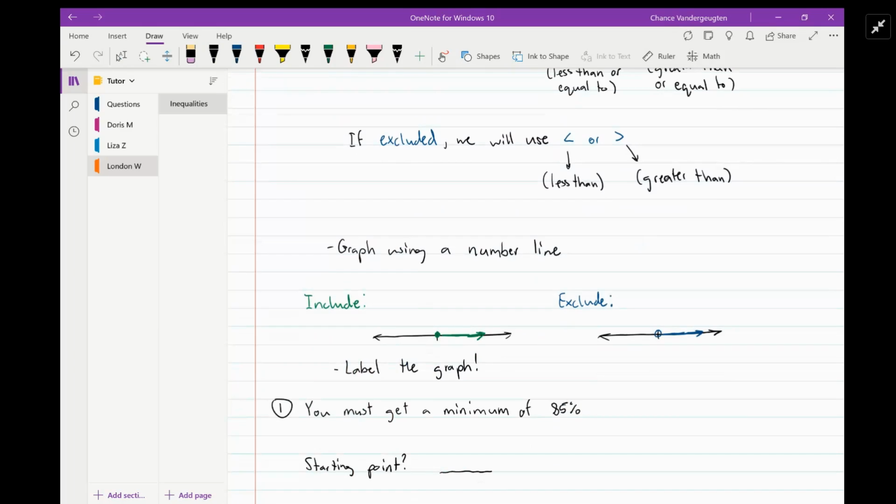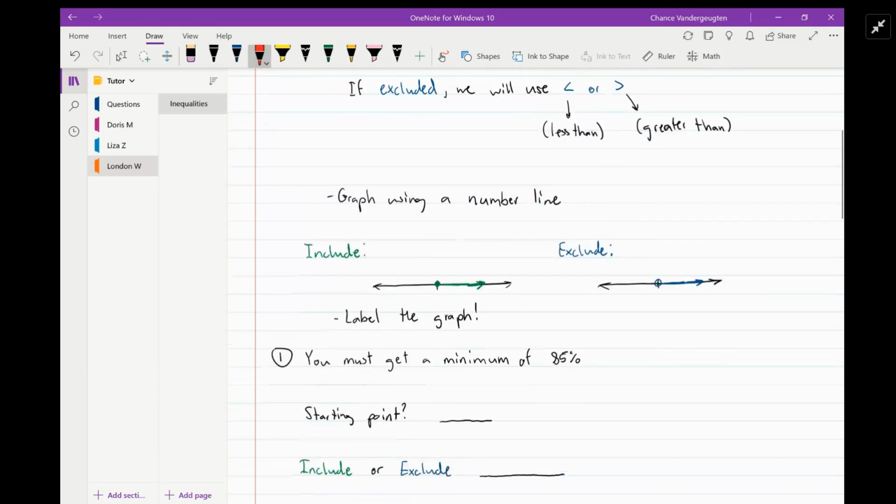And if we're going to exclude, we are going to have an open circle like this, which means that we can't use the value. And then we just fill in the direction based on whether it's a less than or equal to. And we'll also just make sure that we label the graph so that the viewer knows what the graph represents. So let's just jump into the questions here.